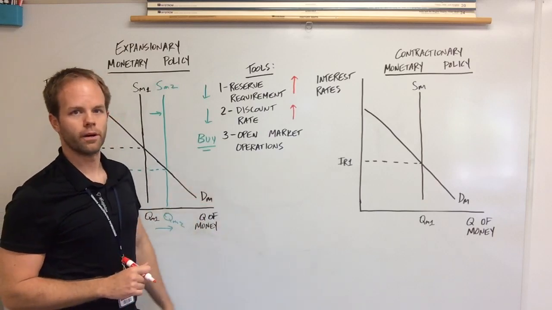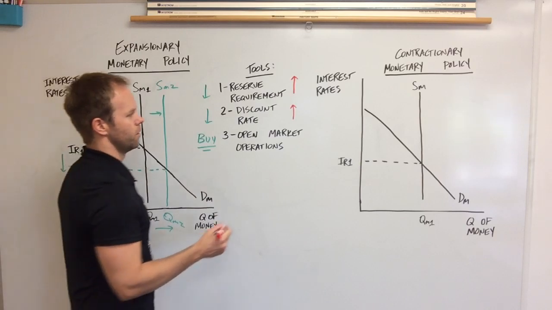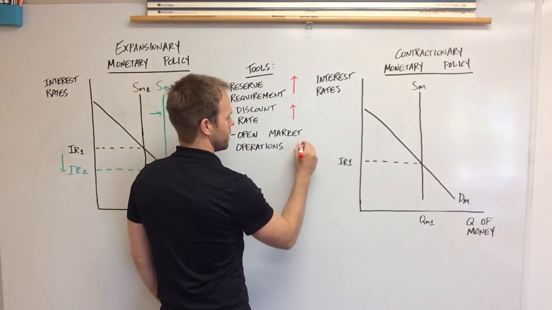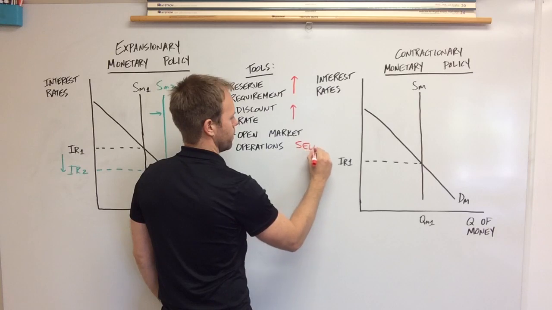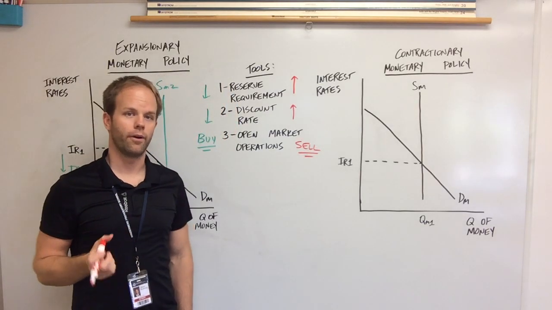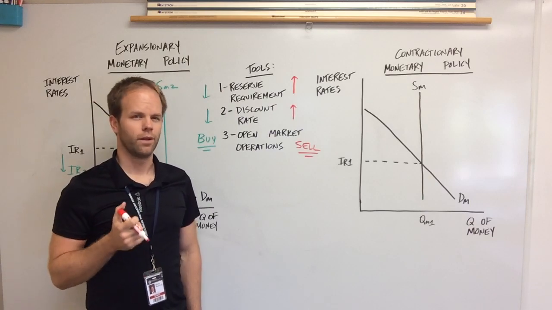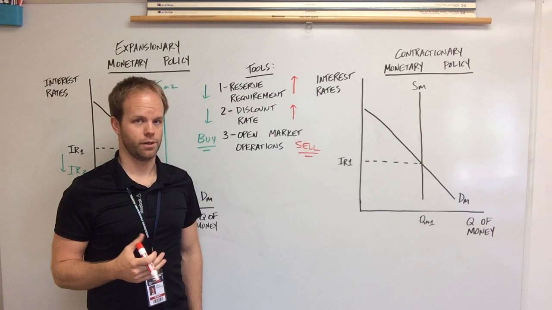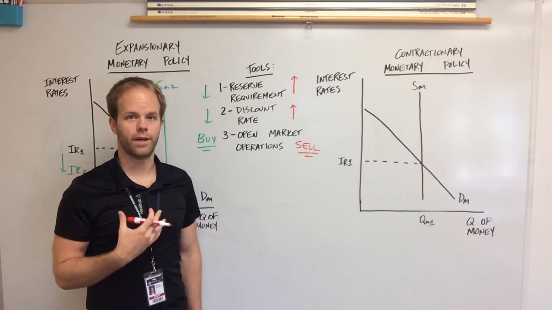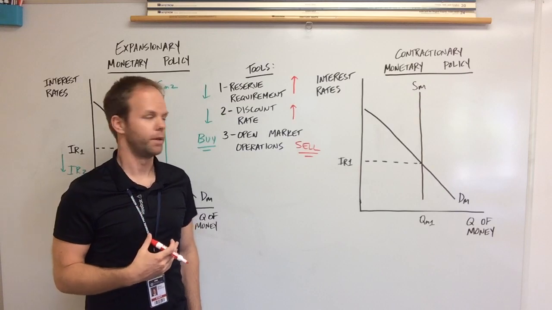And finally, open market operations. What would the central bank do? They would sell. Okay, they would sell the government bonds that they are in possession of. Now, you might be thinking, well, how would that take money out of circulation? Let's say, as an individual investor, I am interested in buying some government bonds.